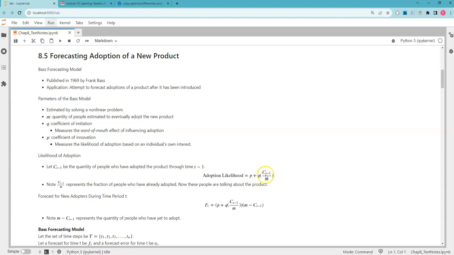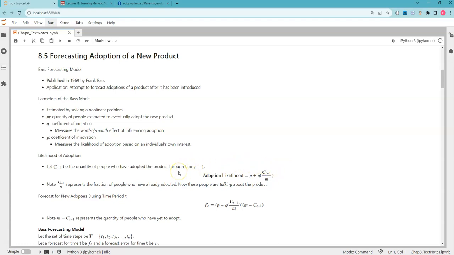Notice the fraction has the total audience number M in the denominator, and C sub t minus 1 is the quantity of people who have already adopted the product through time t minus 1. You can think of that fraction as the share of the total number of people that will eventually adopt the product. We multiply that by the coefficient of imitation, and that is a good indicator of how many people are talking and the effect of that noise, so to speak, on the remaining population.